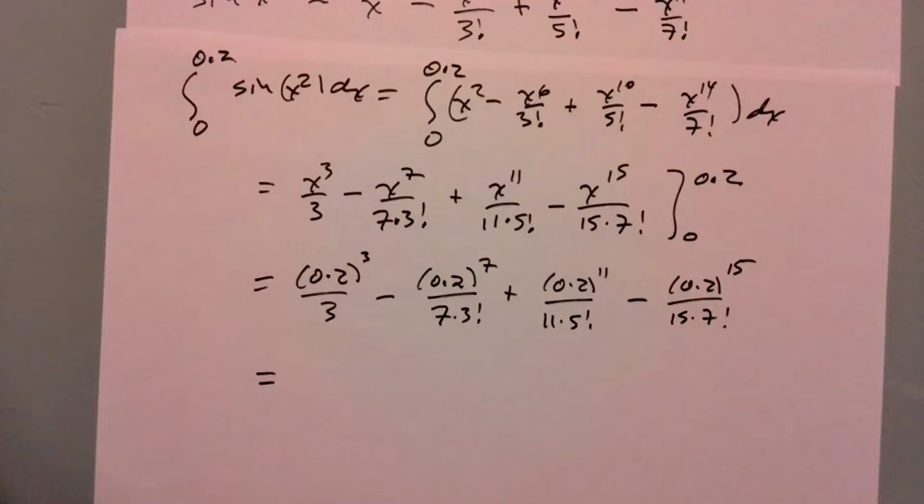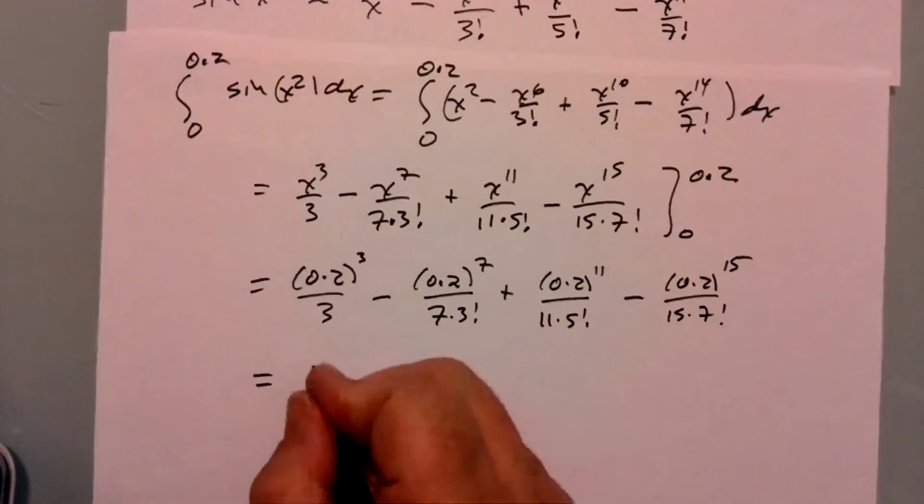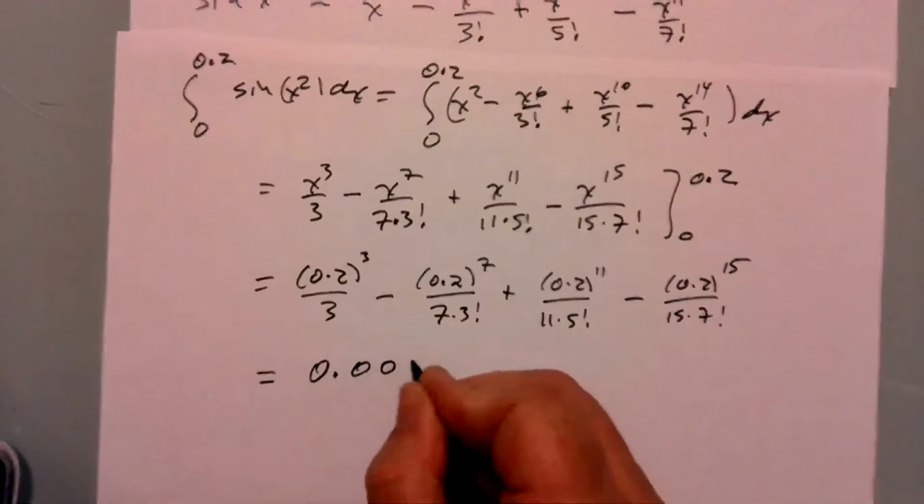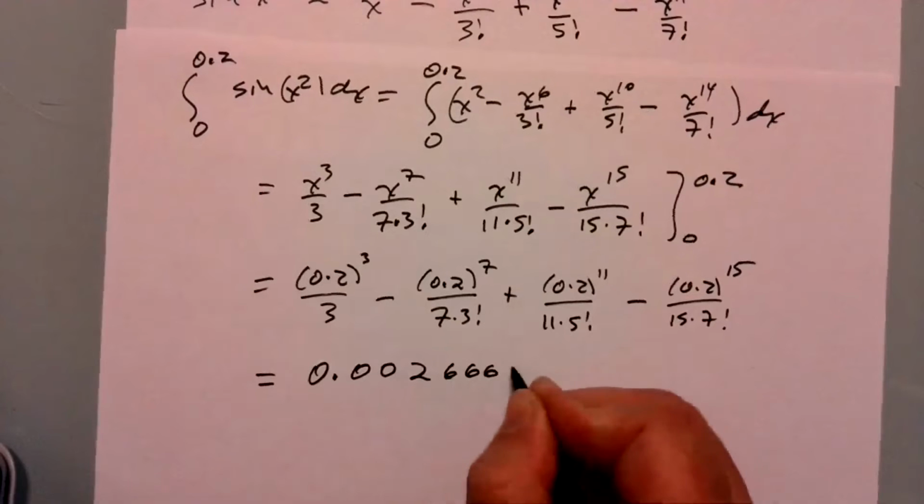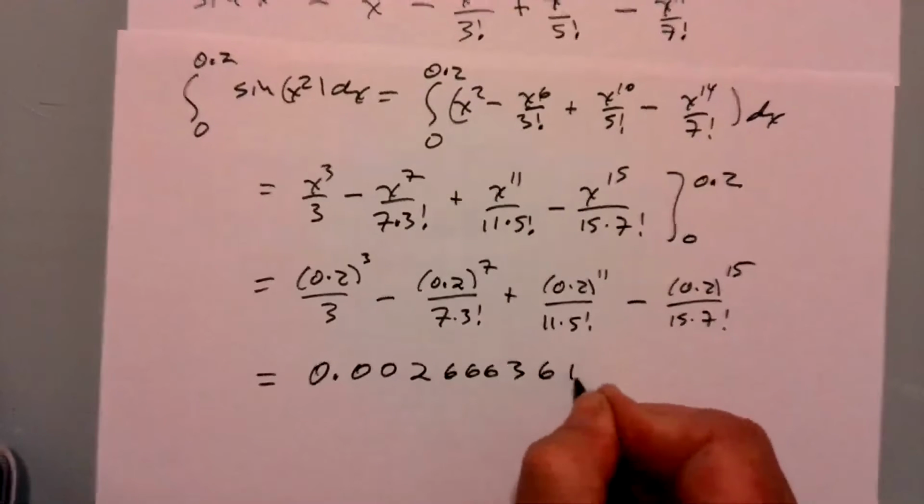0.2 to the 3rd over 3 minus 0.2 to the 7th over 7 times 3 factorial plus 0.2 to the 11th over 11 times 5 factorial minus 0.2 to the 15th over 15 times 7 factorial. And I get an answer of 0.002666, interesting, 3619.